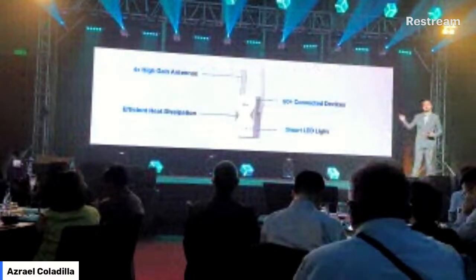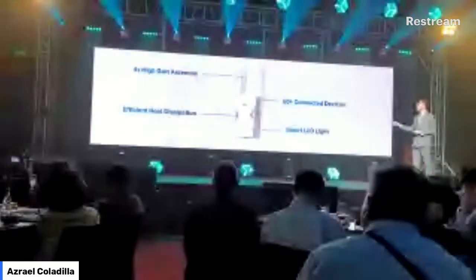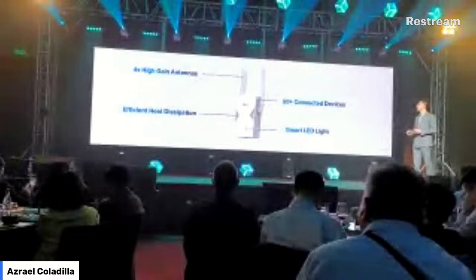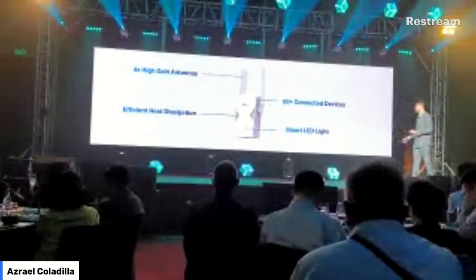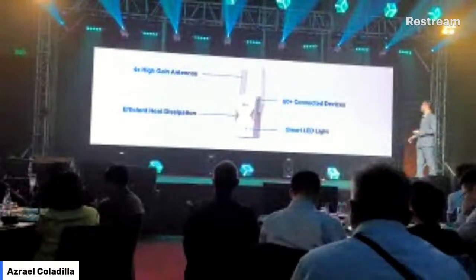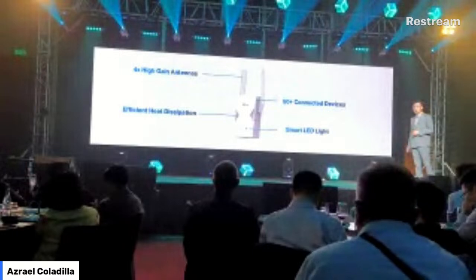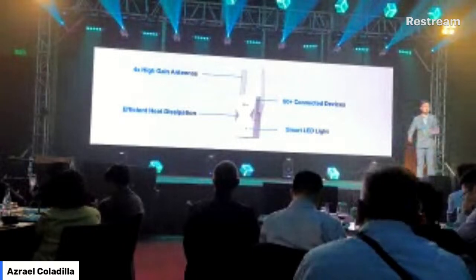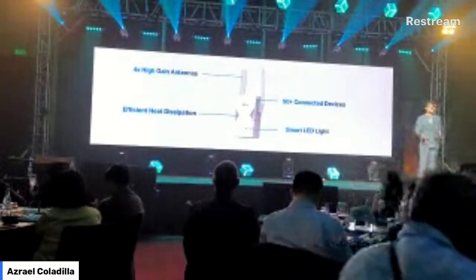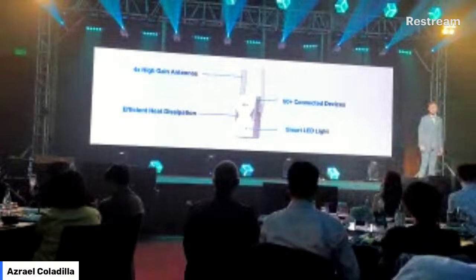And in this product, we have 4 high-gain antennas, efficient heat dissipation, 50 connected devices, and a smart LED light, which can help you to know the best place to put your range extender.